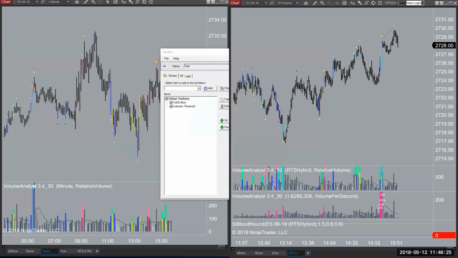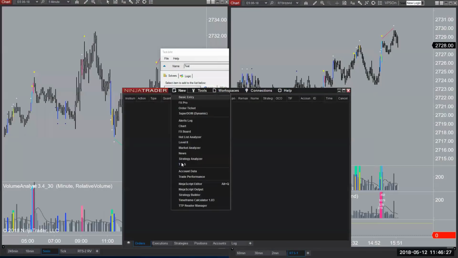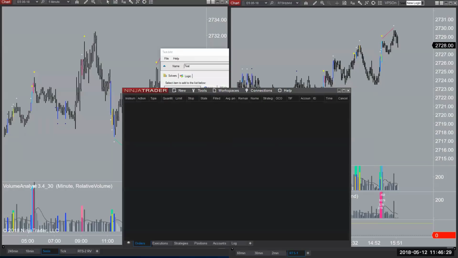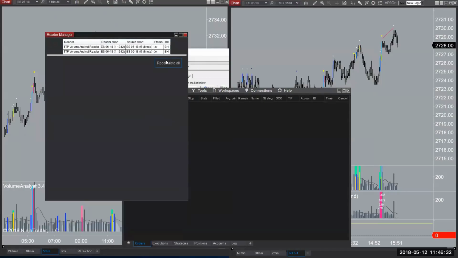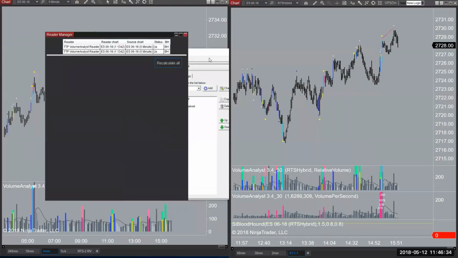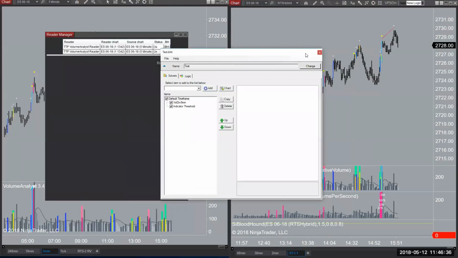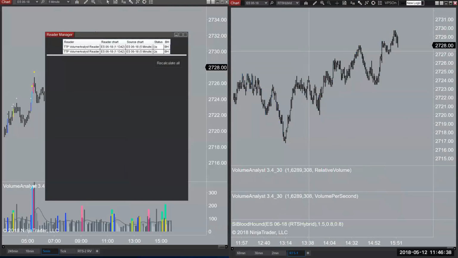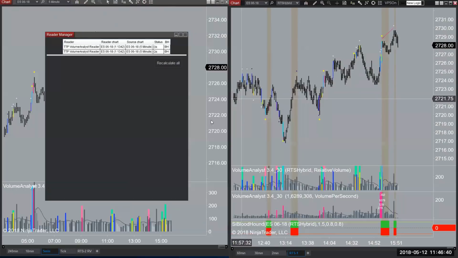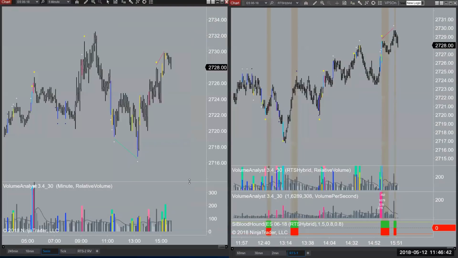I'm going to reload that. Nah, I thought he had it to where I didn't have to reload the chart anymore, but anyway, that'll be the next major thing. So yeah, those are the churn bars from the 5 minute chart.